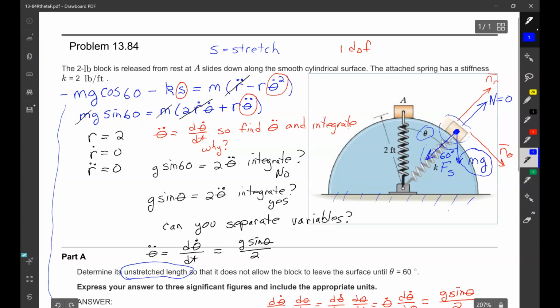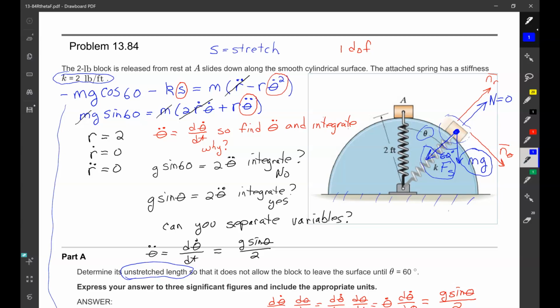This other blue force right here is the spring force. Spring forces are equal to the spring constant, which is given right here, times the amount that it's stretched. The spring force always points along the spring: you draw a line between the two ends of the spring, and the force has to be along that line. So if you stretch the spring, it pulls down, or if you compress the spring, squash it, it will push back out.